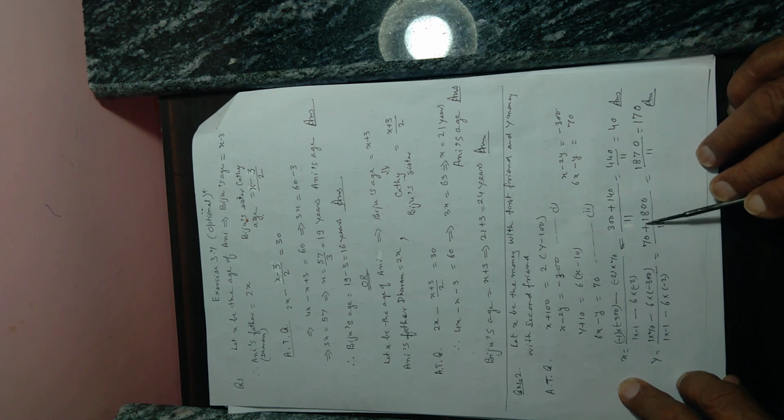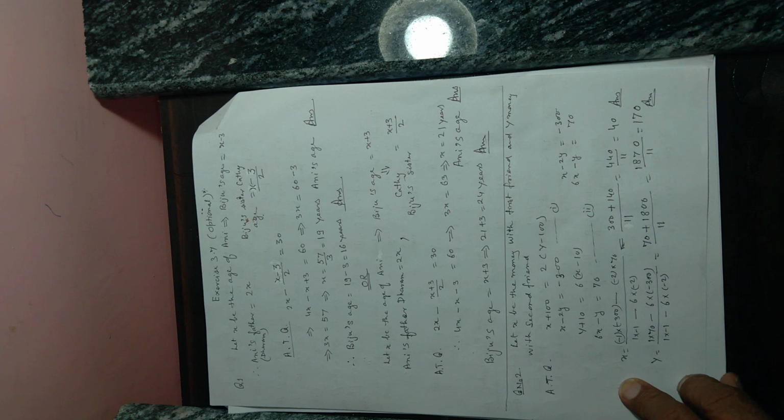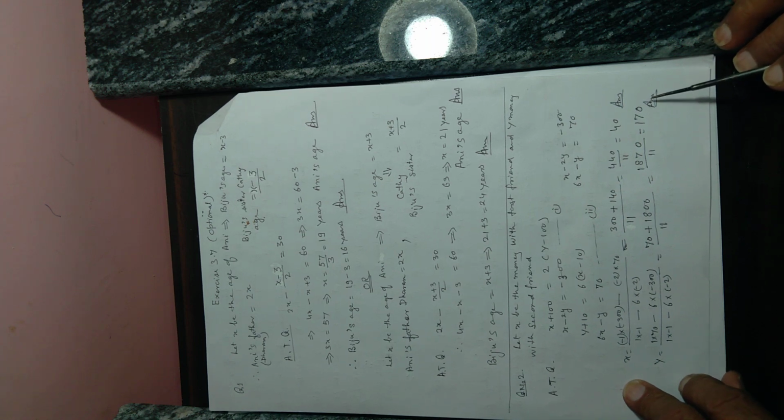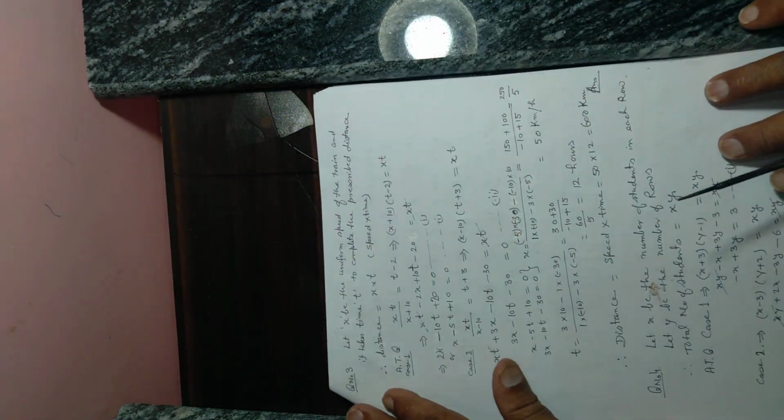So 70 plus 1800 whole divided by 11 will be equal to 1870 by 11, that is equal to 170. These are the answers.